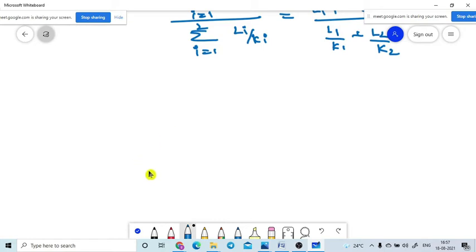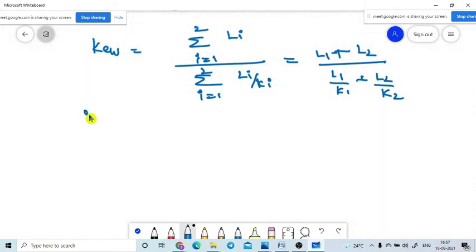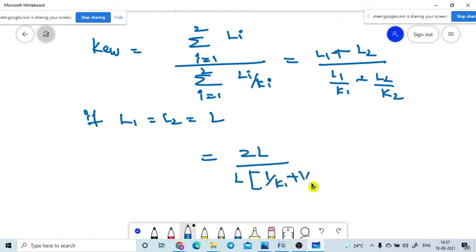One more step I am doing: on L1 and L2, I am taking a special case. If L1 is equal to L2 is equal to L itself, can I write L1 plus L2 is equal to 2L? Then this value is equal to 2L divided by, L is common, 1 by K1 plus 1 by K2.